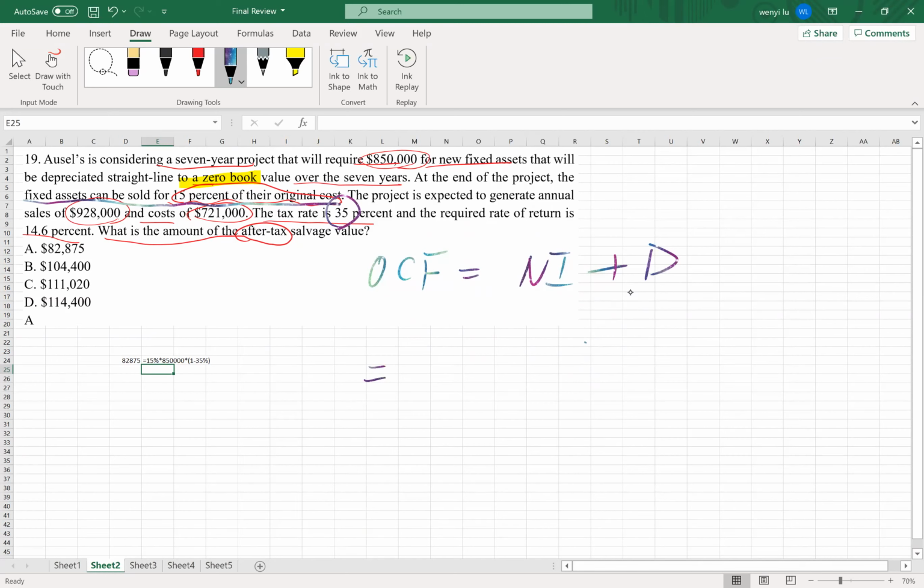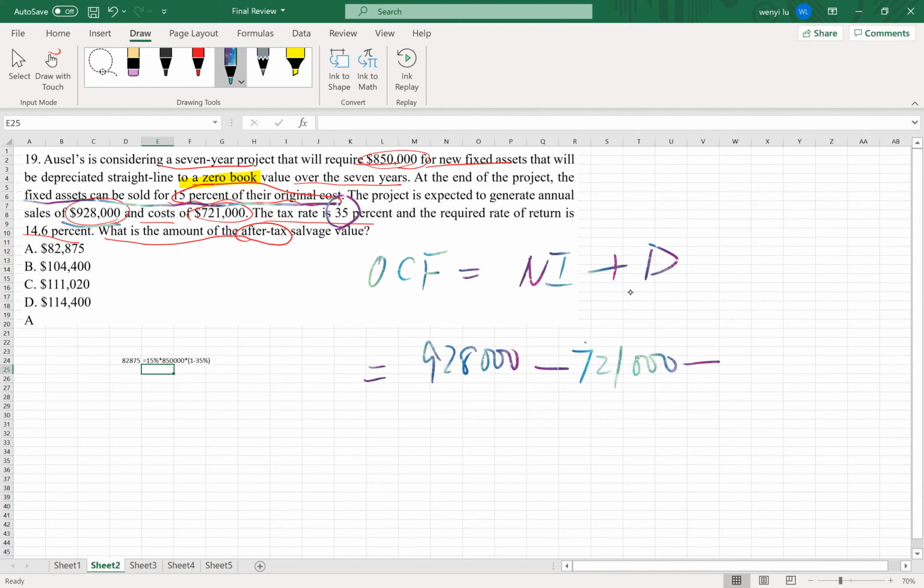What is net income? Net income will be the sales minus the total cost. Sales is what? 928,000, right? And also we have the cost, what? 921,000. And don't forget, we also have what? Non-cash expense, right? What is non-cash expense? It's the depreciation and amortization, right?